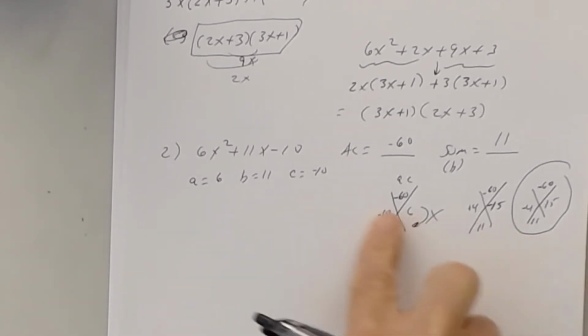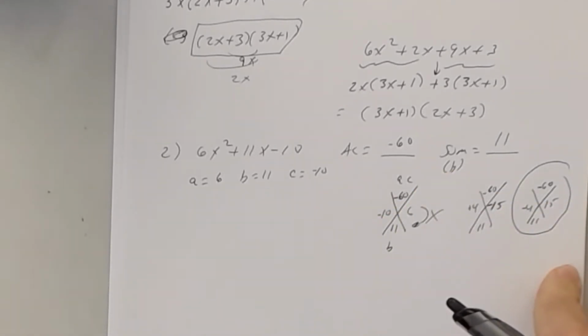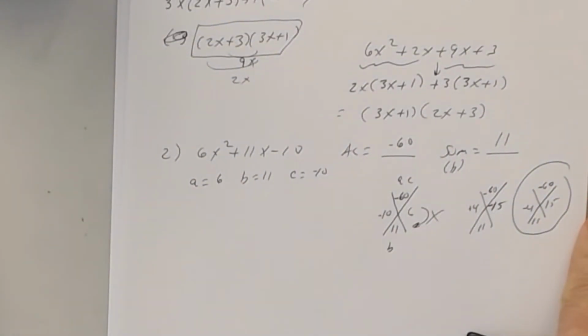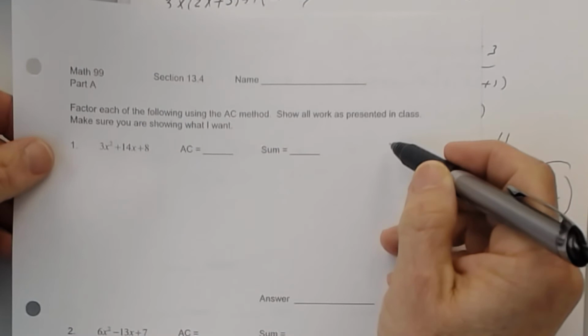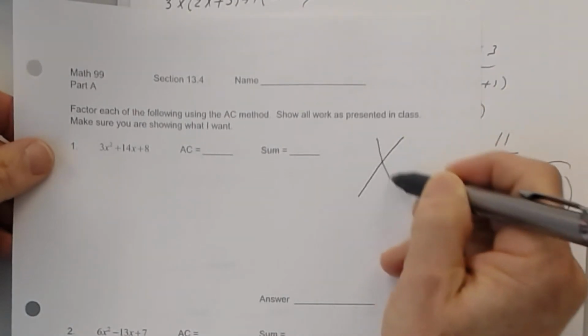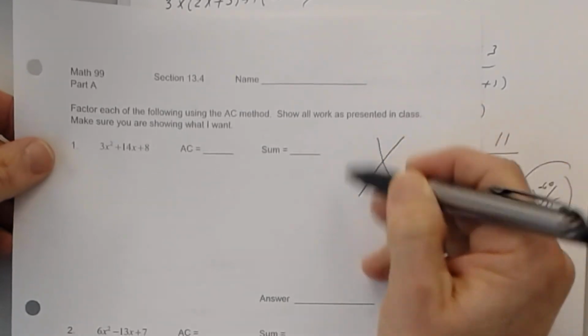It may be about 4 of these little X's before you get to the right one. On your worksheet, you don't have enough room to put all those X's, so put that on another sheet of paper. What I want is for you to put the right one right over here, the correct pair.